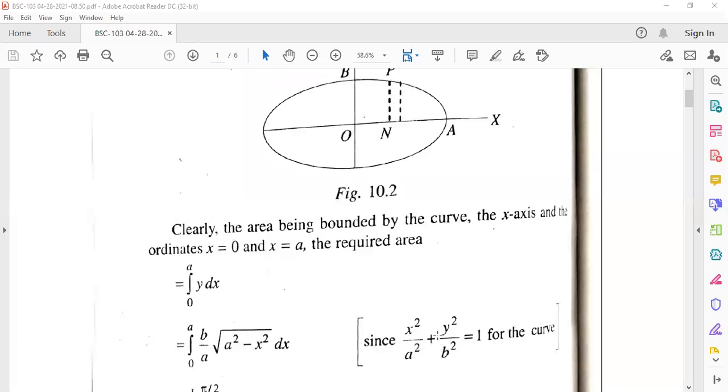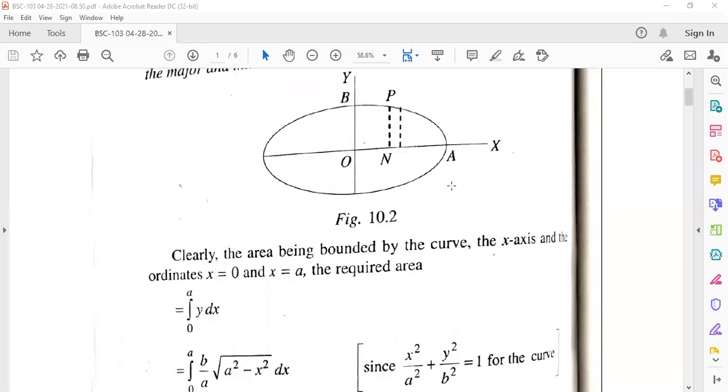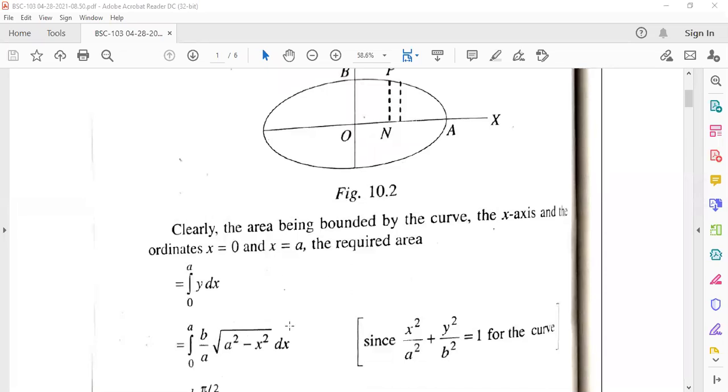So y is b by a root over a square minus x square dx. We are taking the positive sign as it is given in the first quadrant, not the negative sign. Is it clear?